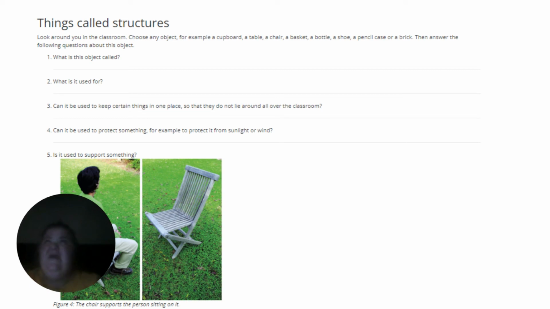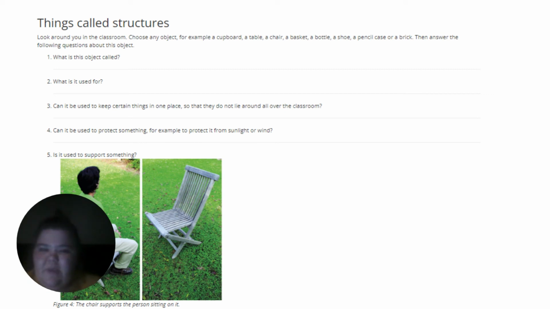So my coffee mug, let's see, I can keep coffee in it. I could keep elastics in it. I could keep some pens in it, so my pens aren't all over the place. I can't keep a book in it. I can keep my stapler in it.